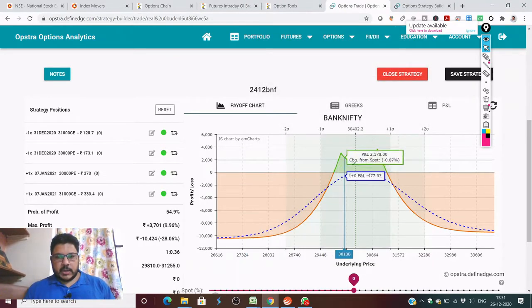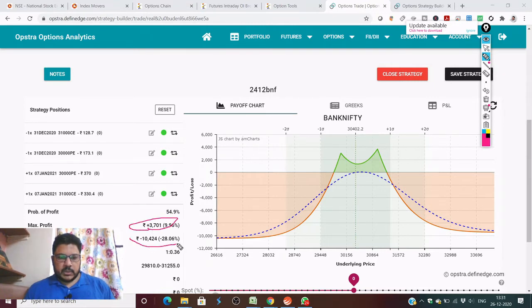So if the market remains in this 1400 points, you will definitely make this money, which is 3,000. And if an unforeseen event happens, which is likely to have very low probability, maybe a 5 or 8% chance, in that scenario you're going to lose this money. Otherwise, this is safe. And this is only a one lot position which we have added.